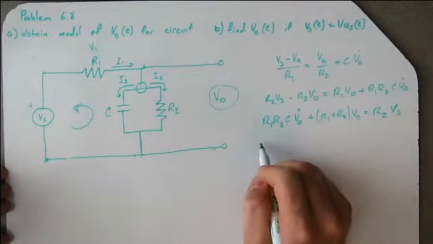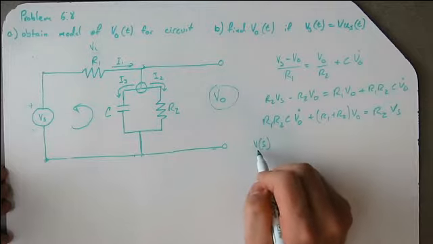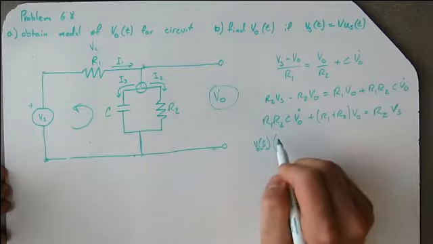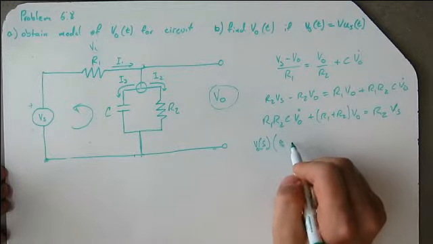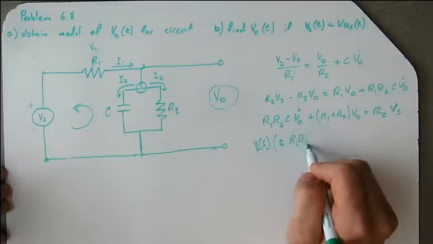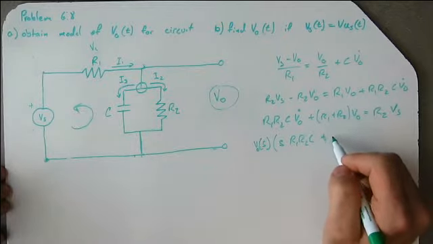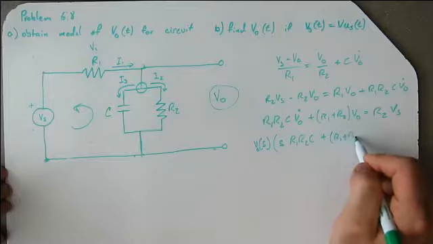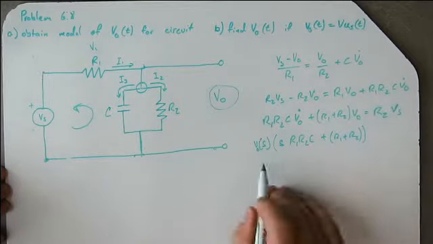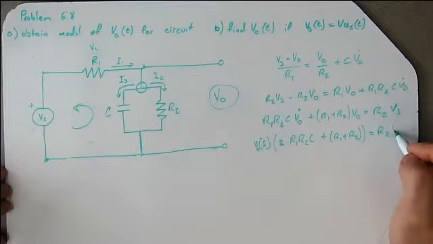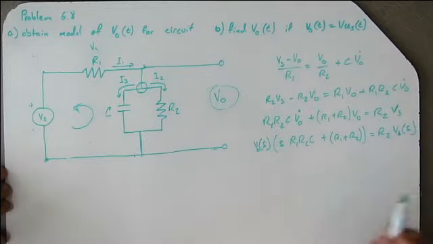We're going to get V out of S times S R1 R2 C plus R1 plus R2 equals R2 Vs of S.